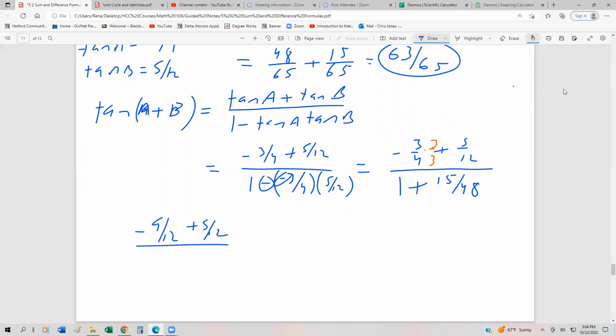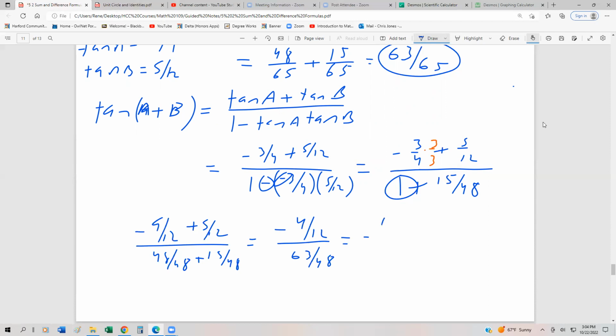And then the denominator, we can write 1 as 48 over 48 plus 15 over 48. And so the numerator is going to become negative 4/12. And then 48 and 15 is going to be 63 over 48. And then now we can multiply by the reciprocal.